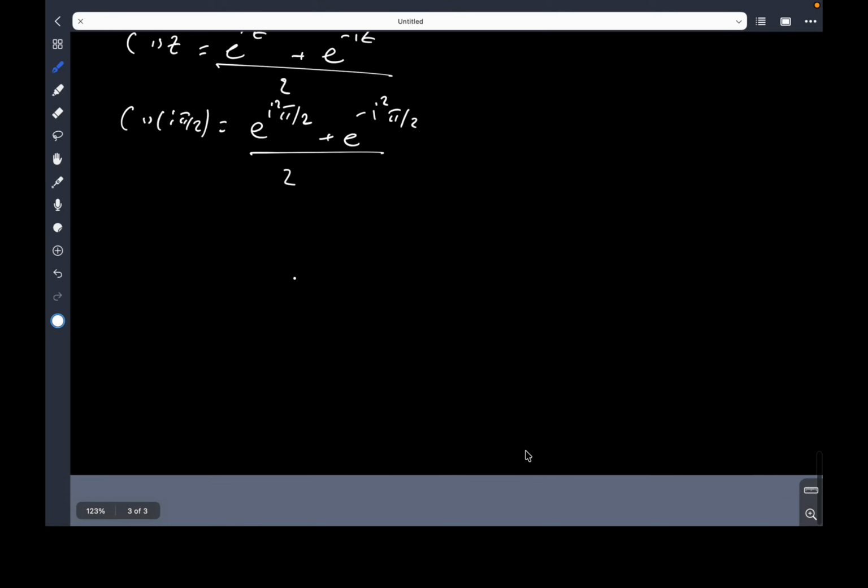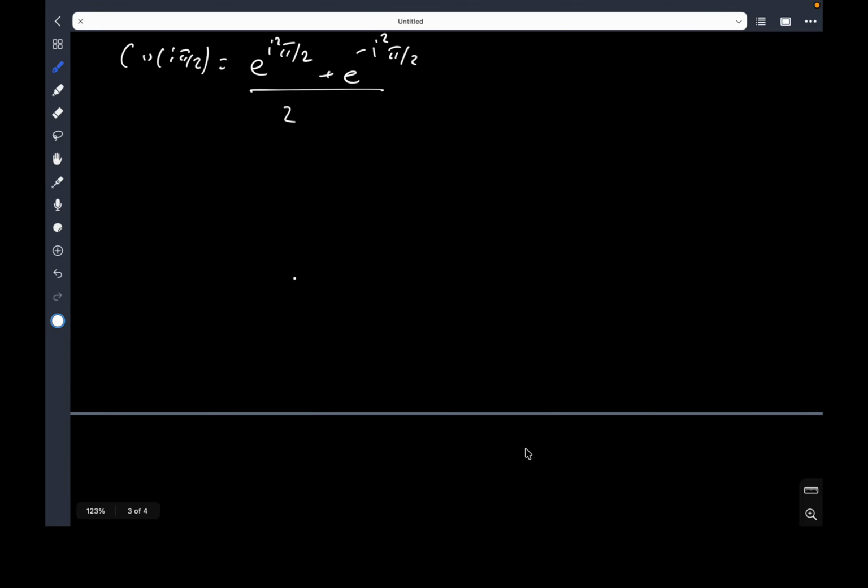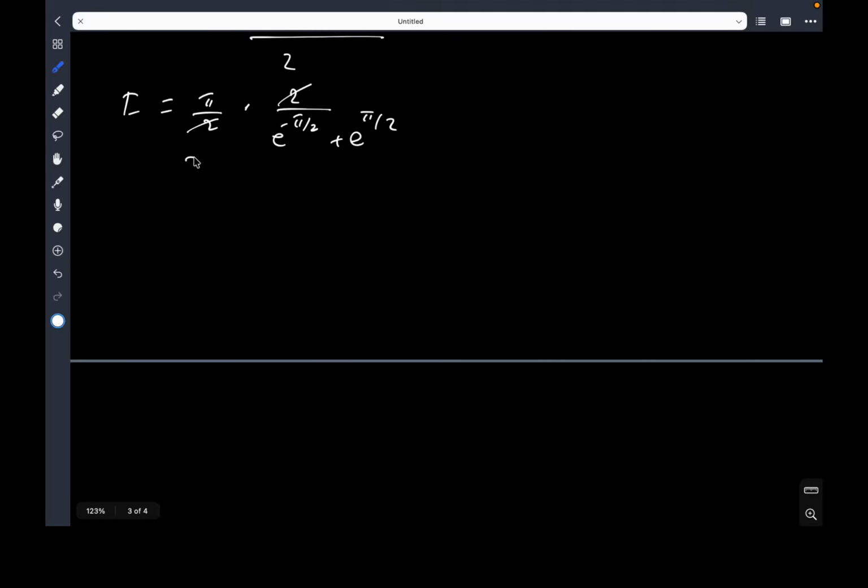So let me create more space again here. If I plug it in here, my result is going to be pi over 2 times e to the negative pi over 2 plus e to the pi over 2. These two are going to go away, which is pi over 1 over e to the pi over 2 plus e to the negative pi over 2.